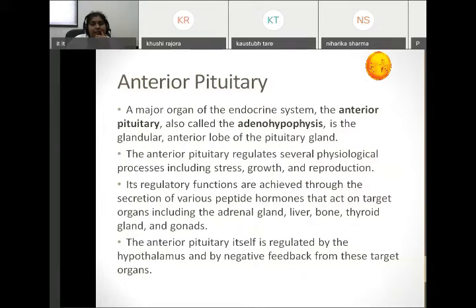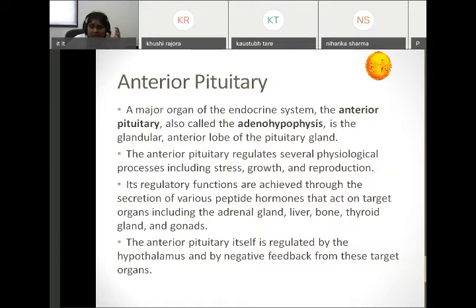The anterior pituitary regulates several physiological processes including stress, growth, and reproduction. Its regulatory functions are achieved through the secretion of various peptide hormones that act on target organs including the adrenal gland, liver, bone, thyroid gland, and gonads.